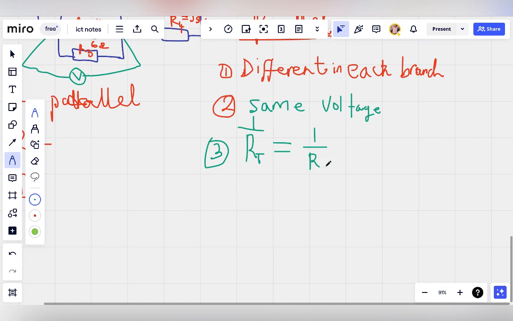If they are more than 2, you cannot use product over sum. It's only when you have 2 resistors that we use product over sum.